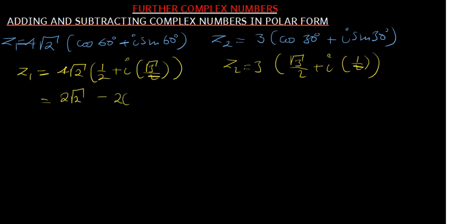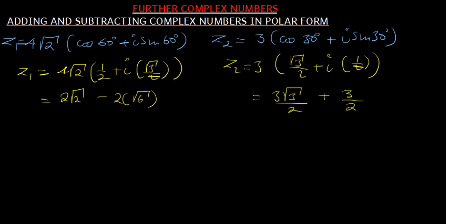And then this root 2 and root 3 is going to give us root 6 if we multiply them. And then the other side we have, if we multiply this by that, 3 root 3 over 2, plus 3 times 1 over 2 is going to give us 3 over 2.